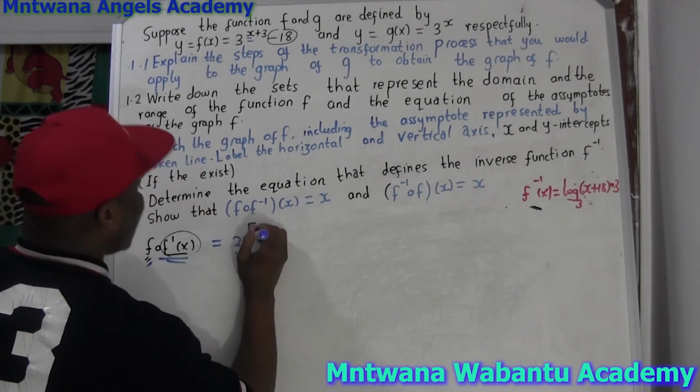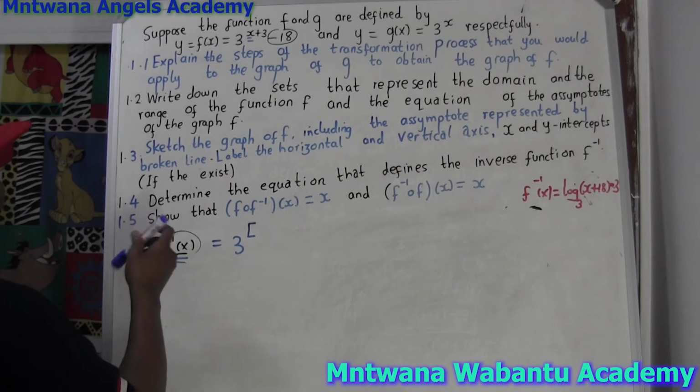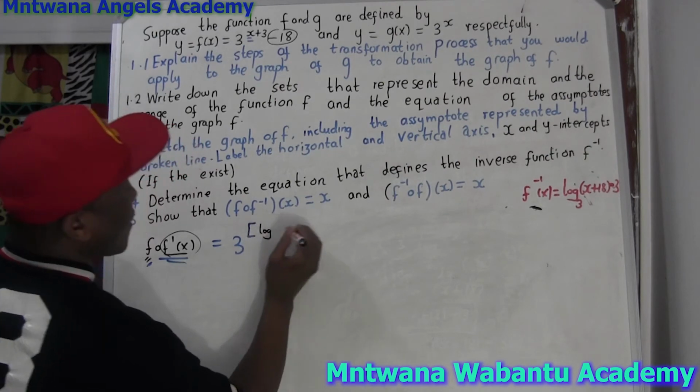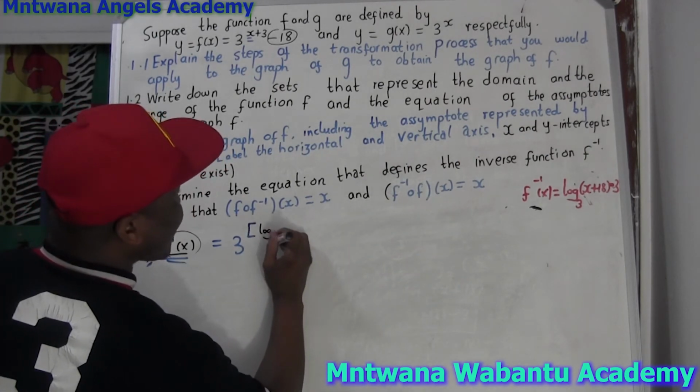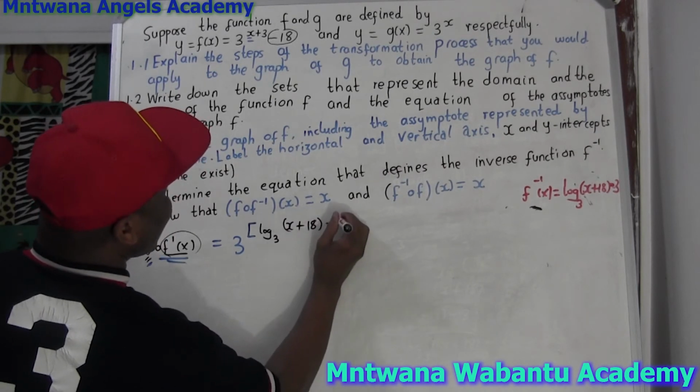So instead of x, we're going to put the inverse. What is our inverse? It's log under base 3 of x plus 18, minus 3.